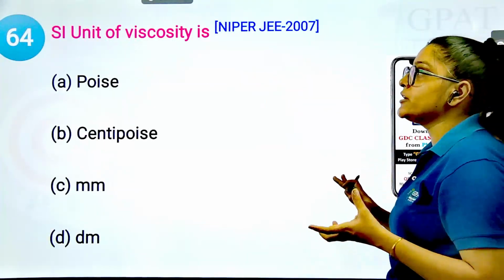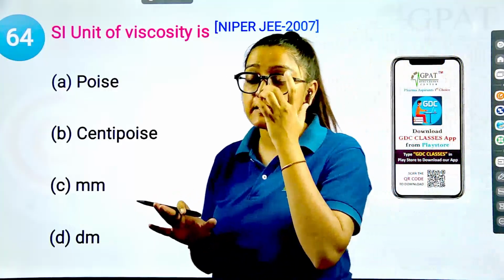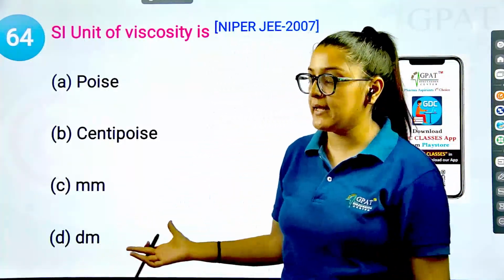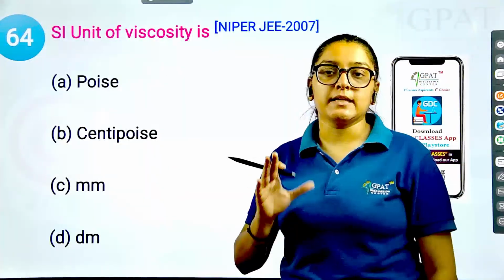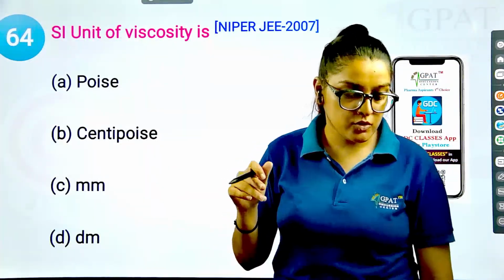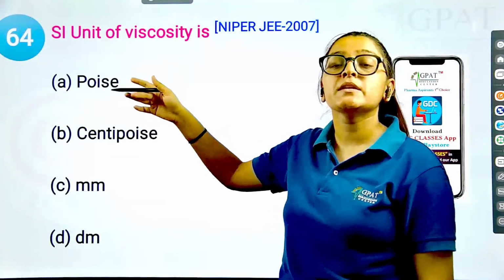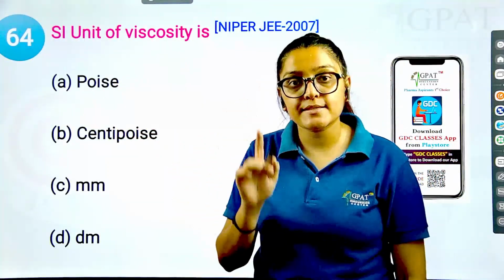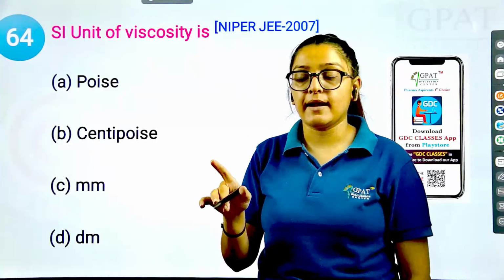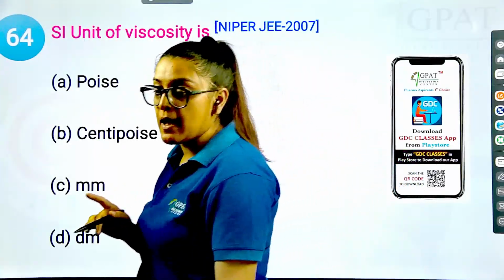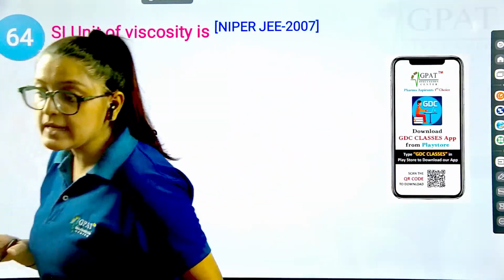Next, SI unit of viscosity is poise, centipoise, mm or dm. See, all these are incorrect from my understanding. These are the CGS units. Poise is a CGS unit. The SI unit is Pascal second, right? Note it down, the SI unit is actually the Pascal second.